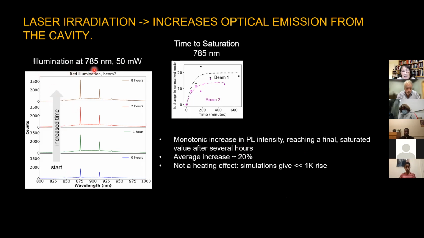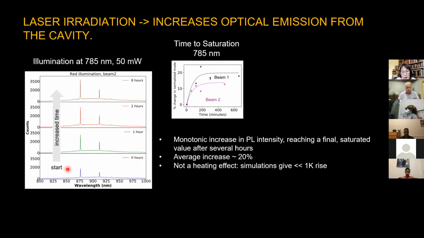Here's the data when he illuminated it in the red, 785 nanometers, 50 milliwatts. These are spectra for different illumination times: the start, after 1 hour, after 2 hours, after 8 hours. Now, I don't know how many experiments you've done, but there are a few pretty amazing things about the spectrum.